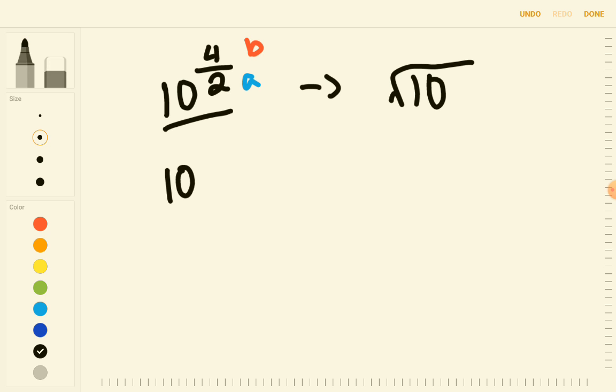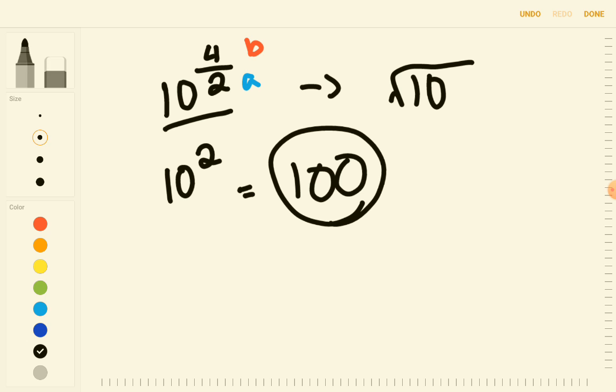So that would be 10 to the power of 2/1. We just reduce it down, and that's the same thing as 10 to the power of 2, and 10 squared is 100. So if you can reduce, make sure to reduce. If not, just do the steps told.